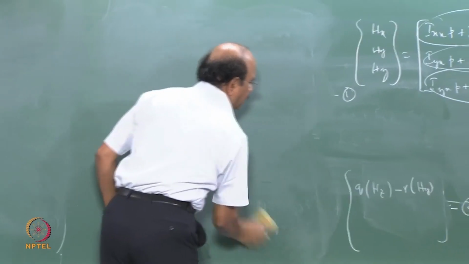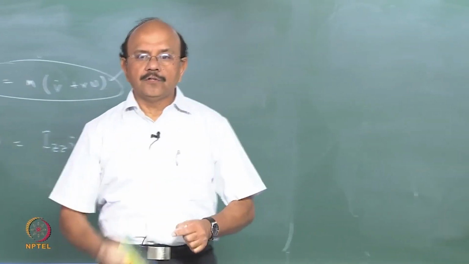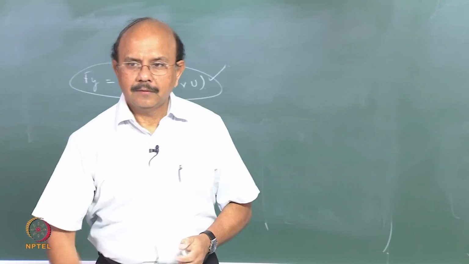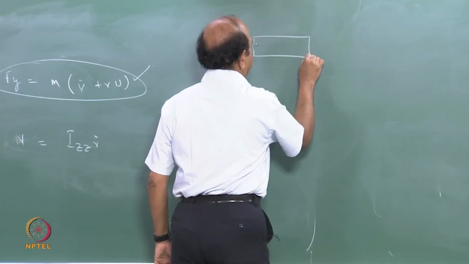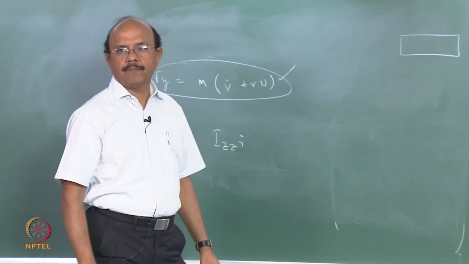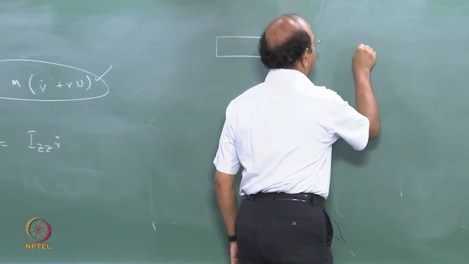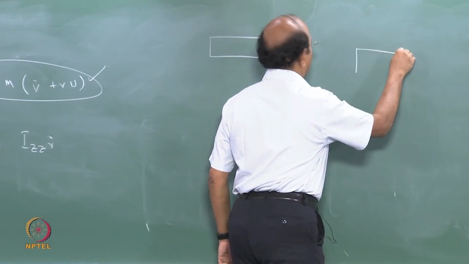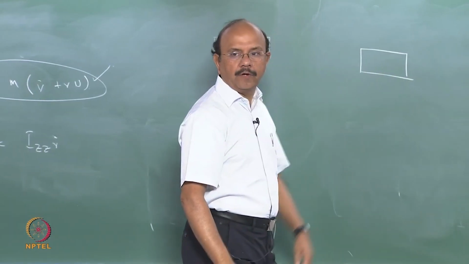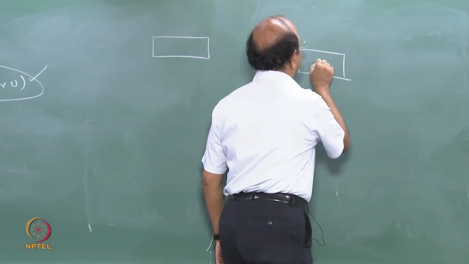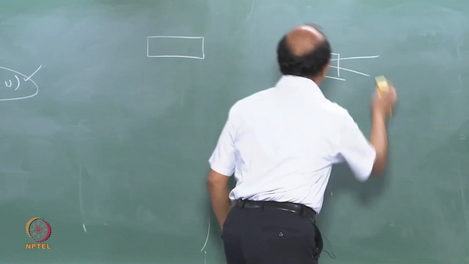Now, after crossing all these equations, we'll introduce a lot more physics. So let's say that this is the rear wheel which I've collapsed, and this is the front wheel, to which I'm giving a turn.